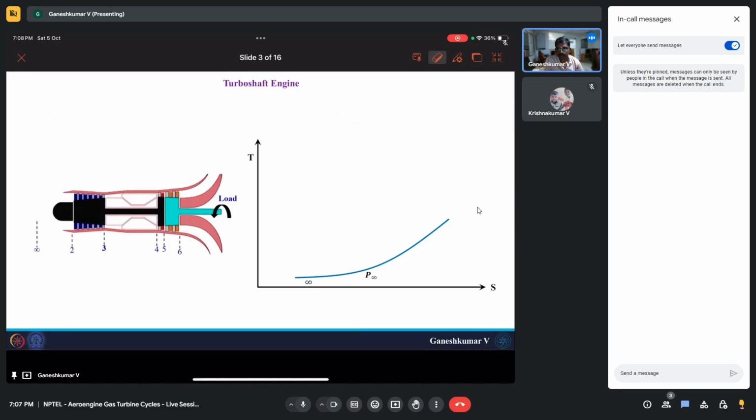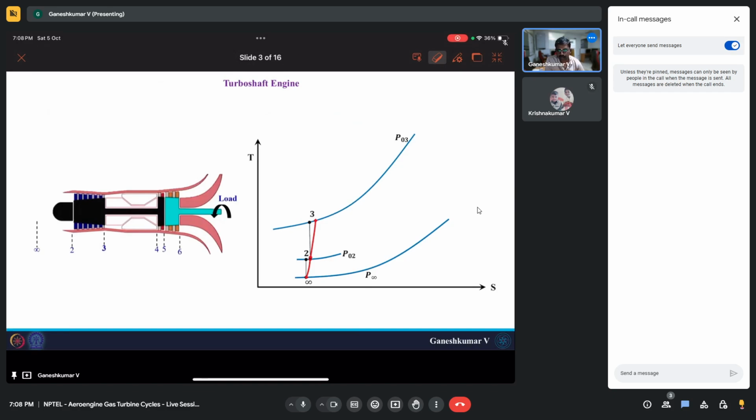Initially you have air getting compressed in the inlet, if the turboshaft engine is moving with a Mach number M naught, or M infinity, we can say. The next component after the inlet is the compressor, 2 to 3, across which the pressure rise is happening.